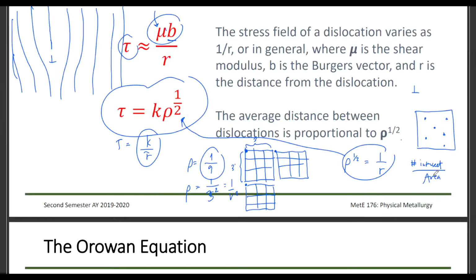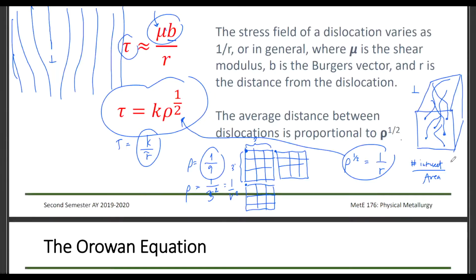Or instead of measuring the number of intersections, pwedeng, kunwari, if this is a mixed dislocation, no? Ito yung mga dislocations na yan. Let's make it 3D. Yan yung dislocations natin. Pwede nating i-measure yung total length ng dislocation na to over the total volume. Which still gives you the same units, no?